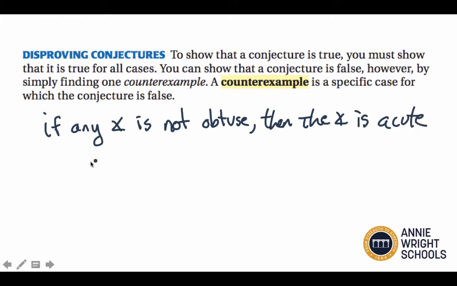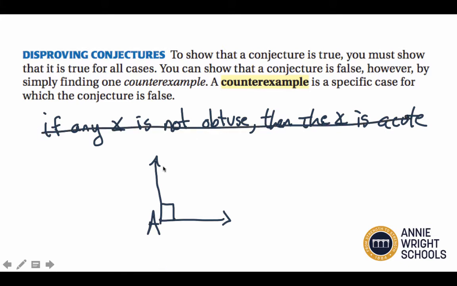So notice this conjecture. It supposes you have an angle and you know it's not obtuse, therefore it has to be acute. Well, that's not true. Because here's an angle that's not obtuse and it's not acute. So we can now say this is false. And we know it's false because we have a counterexample for it.